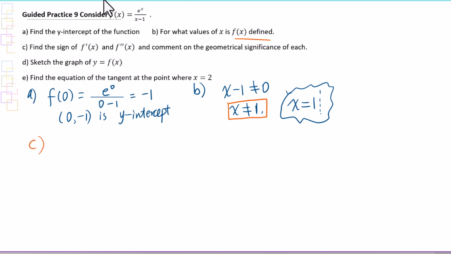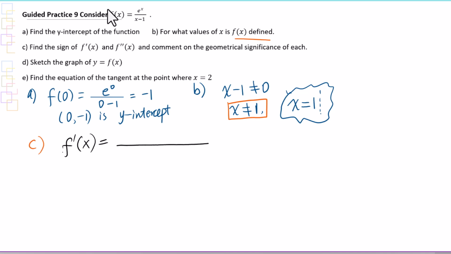Find the sign of f'(x) and f''(x). Comment on the geometrical significance of each. First of all, we need to figure out f'(x).